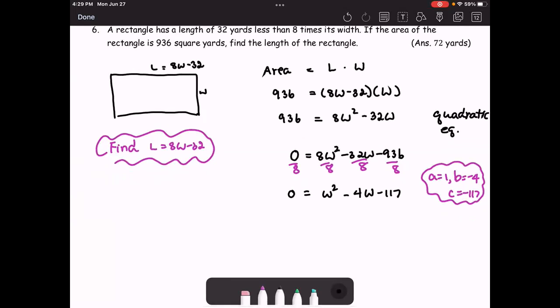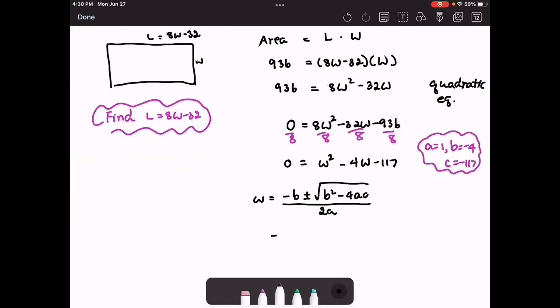To find W, use the quadratic formula: negative b plus or minus the square root of b squared minus 4ac, all divided by 2a. So W equals negative b, which is negative of negative 4, plus or minus the square root of negative 4 squared minus 4 times a, which is 1, times c, which is negative 117, all divided by 2 times a, which is 2 multiplied by 1.